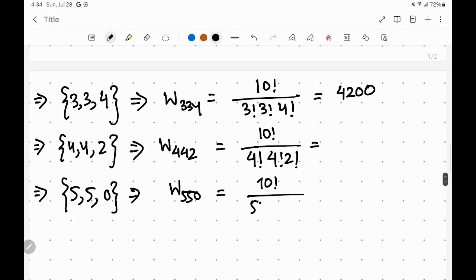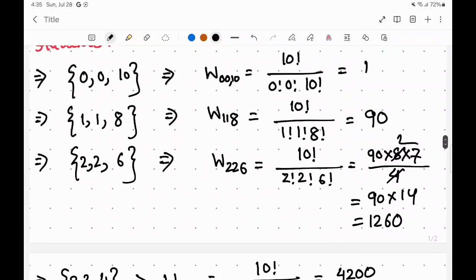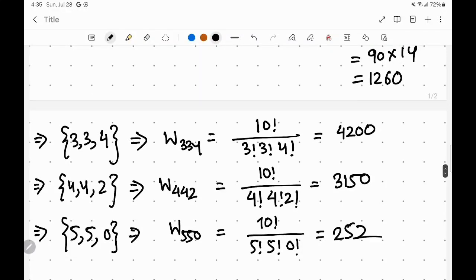And the next one is 3150. Then the last, 10 factorial by 5 factorial, 5 factorial, is 252.